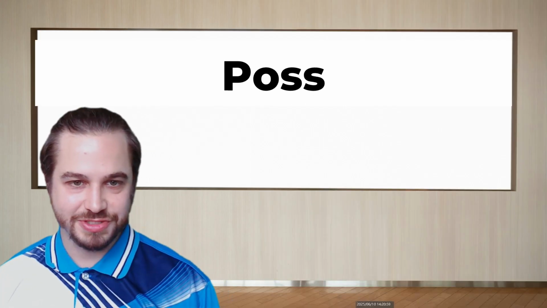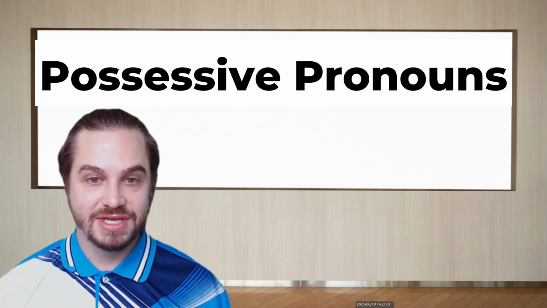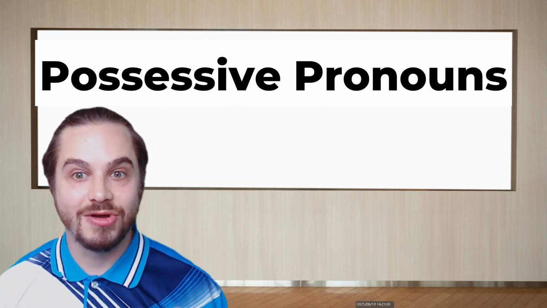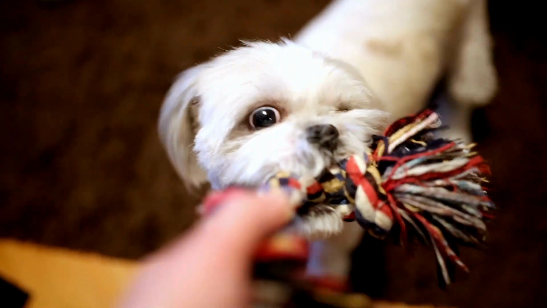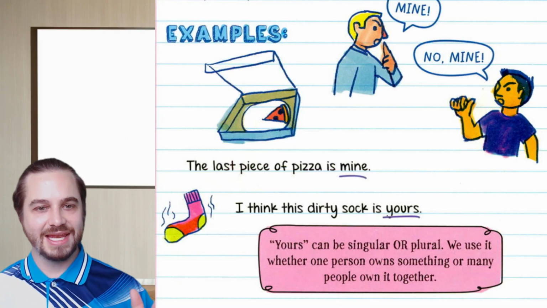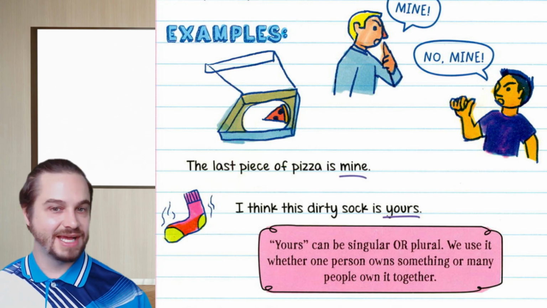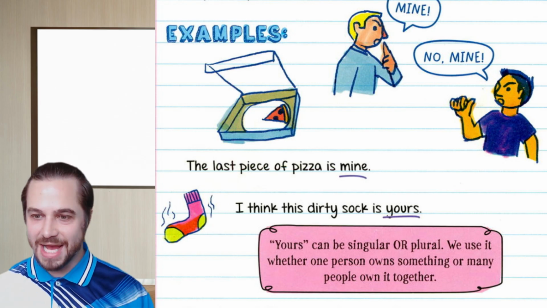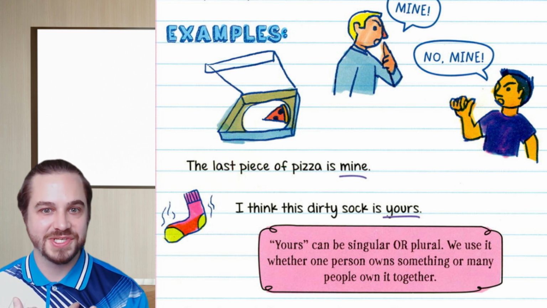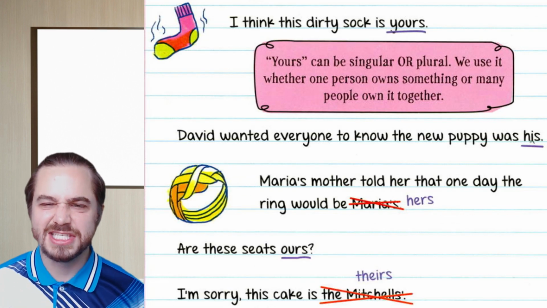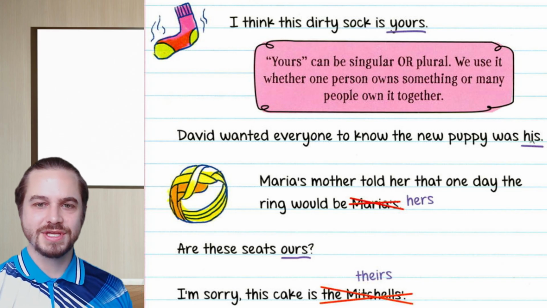Possessive pronouns. Possessive pronouns indicate that something belongs to somebody. They tell you something is someone's. They show ownership. That last piece of pizza is mine. Mine is showing that last slice belongs to me. I think this dirty sock is yours.